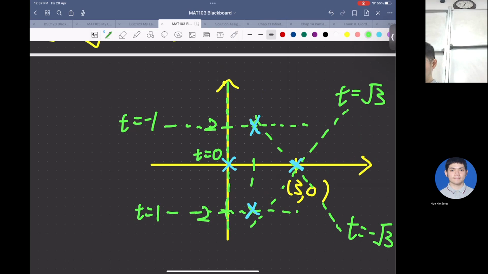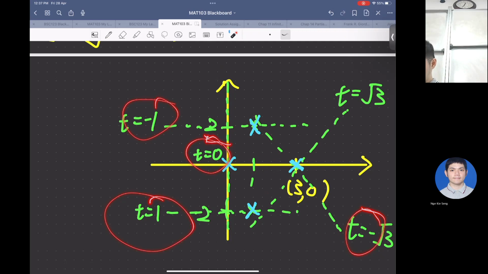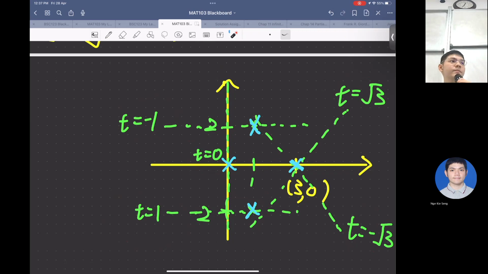So you have these 5 points here, here, here, and then here. Any guess? Simple, want to try?